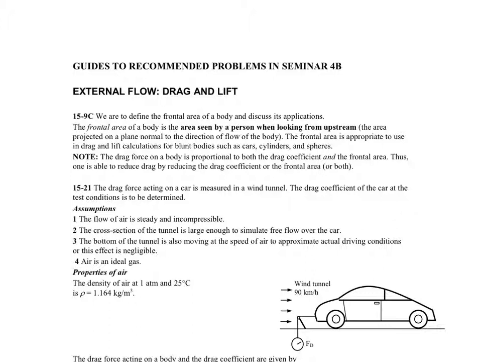As you can see, the frontal area of a body is the area seen by a person when looking upstream. That is the area projected on a plane normal to the direction of flow of the body.